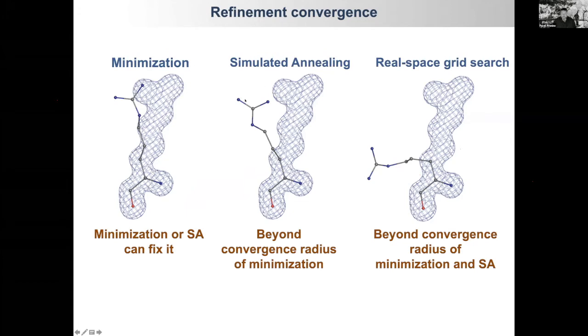It requires jumping over energy barriers, peaks and holes of the energy landscape to move the sidechain into the density. So simulated annealing is likely to snag the sidechain into the map, but pretty much sure minimization is not going to.